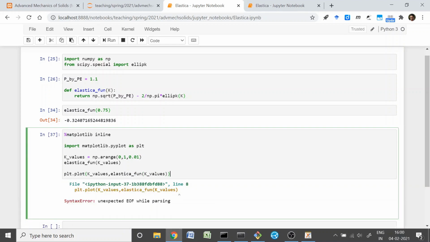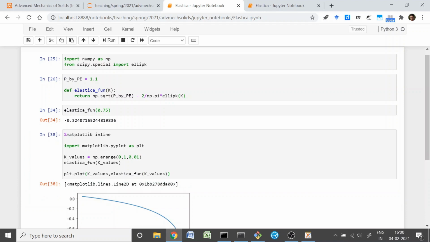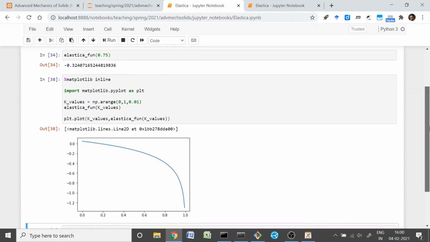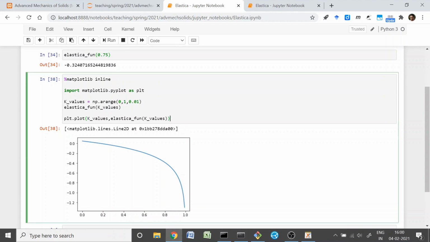Sorry about that, I missed one bracket. Okay, so it works. I was going to show it to you in a slightly lengthier fashion, but this is just an easy, straightforward way of showing you.